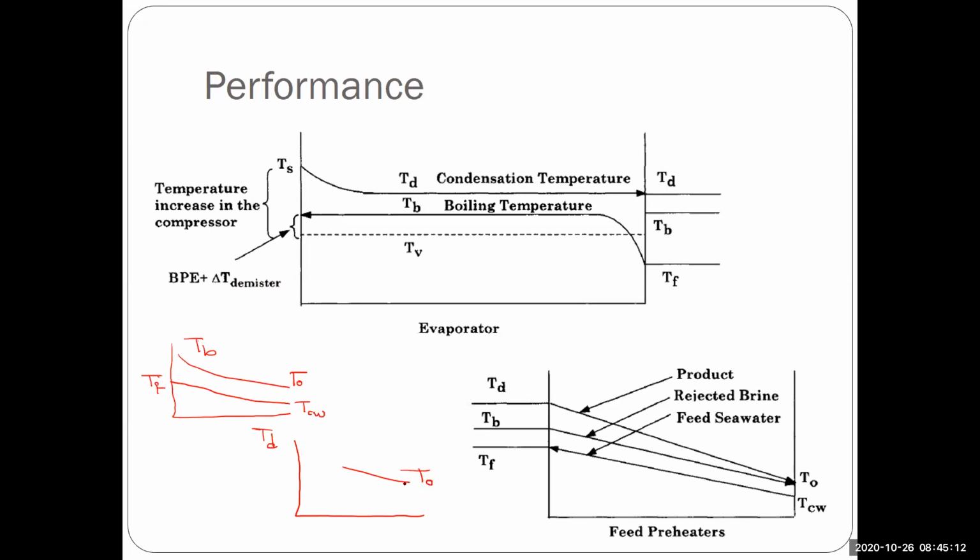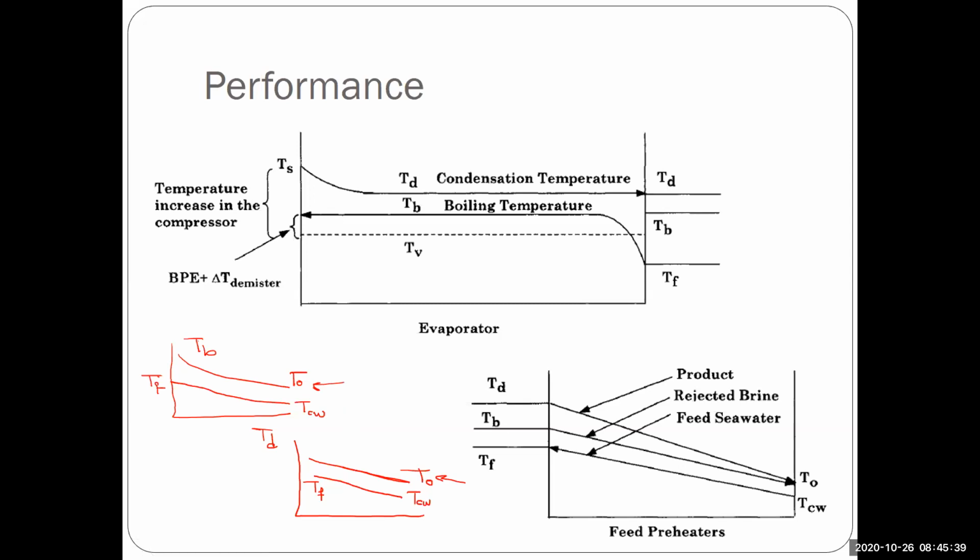And while it is being cooled down, it will be heating the seawater from T cooling water to TF. So the kind of approximation that we are making here is that this temperature, which is the distillate leaving the heat exchanger, is equal to this temperature for the brine leaving the heat exchanger, so that the analysis becomes a little bit simpler.